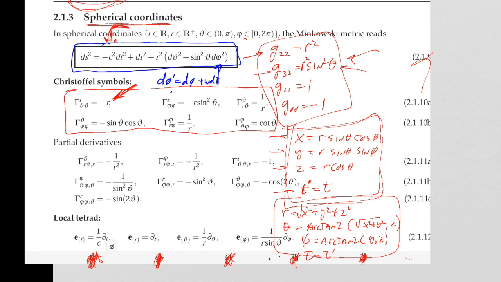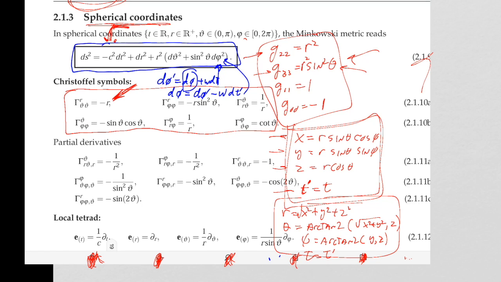So the way we write this is d phi equals d phi prime minus omega dt prime, because we know dt goes to dt prime, so I can solve this for d phi, and I can put that up in here.